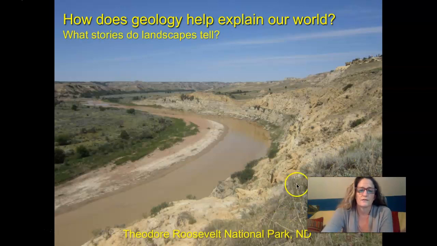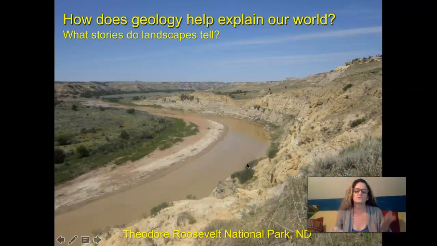This is the point bar right here, and that is where the water is slow as it goes around this meander, and the slow velocity of the water creates a depositional environment that is a point bar. On the outside of that bend, the water's faster, and we have that cliff erosion.